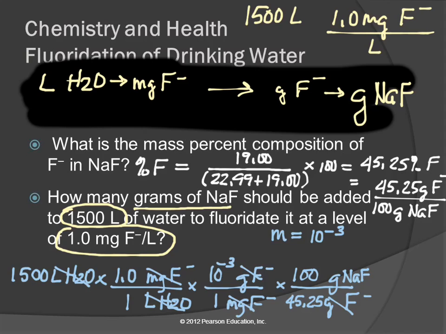The problem is that people put the 10 to the minus 3 in the wrong place. And that's like telling me that 1 inch is 12 feet. Right? You know how big a foot is and how big an inch is, and so you recognize that as ridiculous. But you have no problem telling me that 1 gram is 10 to the minus 3rd milligrams, which is equally ridiculous. If you follow this pattern, know this pattern.